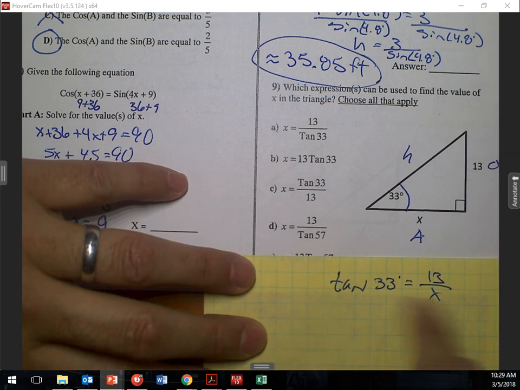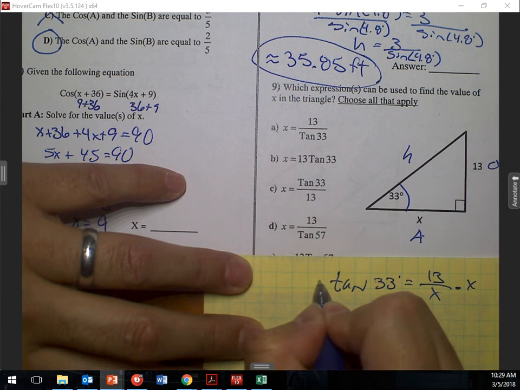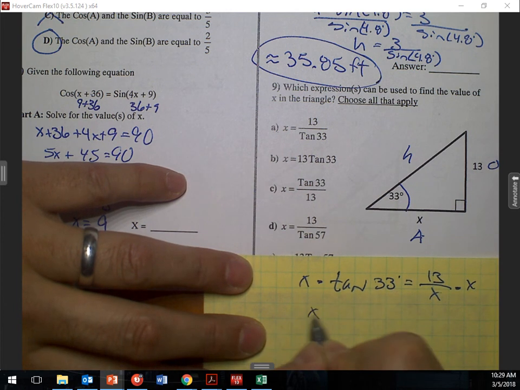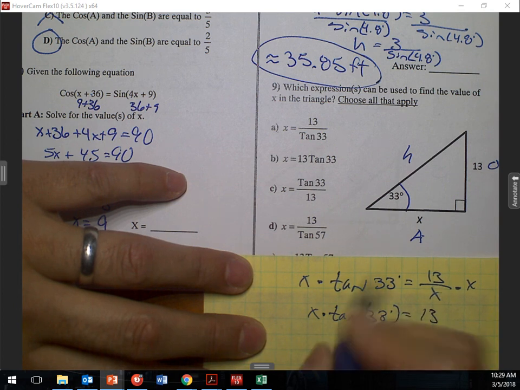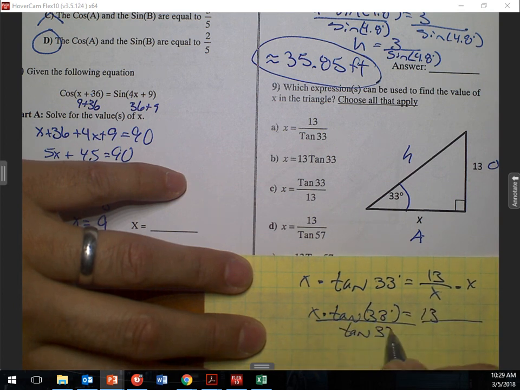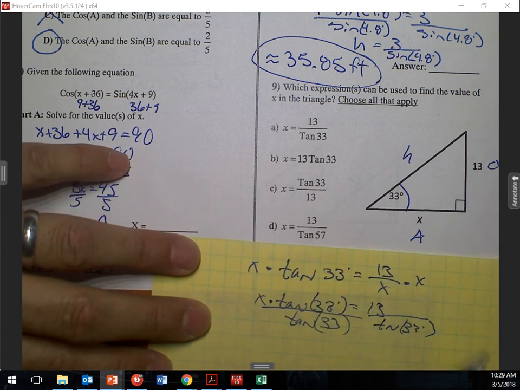We're not actually doing the math, we're trying to set it up. So I'm going to multiply by x: x times tangent 33 is equal to 13. Divide by tan 33. So 13 over tan 33.